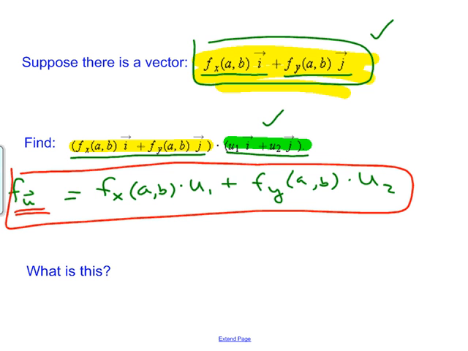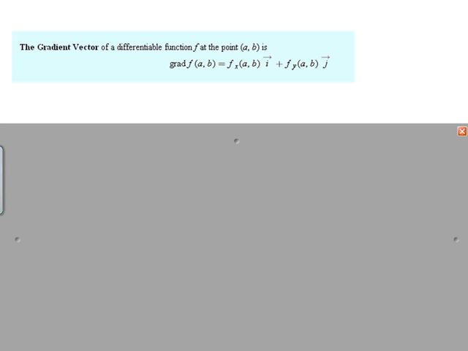So this vector is so important that we give it a name. The name that we give it is the gradient vector. And think of gradient in terms of change. This is our vector that's changing. And the shorthand we call it is grad f.